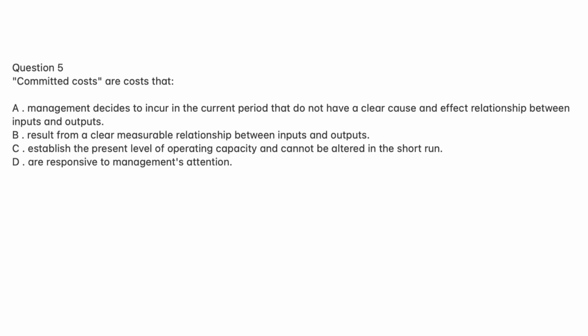Question 5. Committed costs are costs that A. Management decides to incur in the current period that do not have a clear cause and effect relationship between inputs and outputs. B. Result from a clear measurable relationship between inputs and outputs. C. Establish the present level of operating capacity and cannot be altered in the short run. D. Are responsive to management's attention.